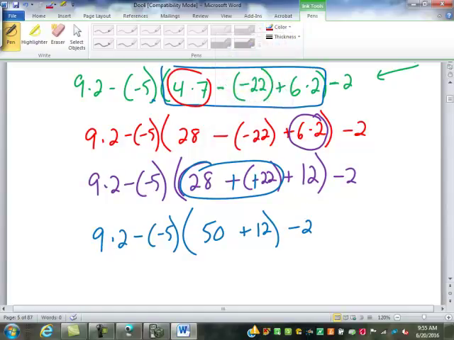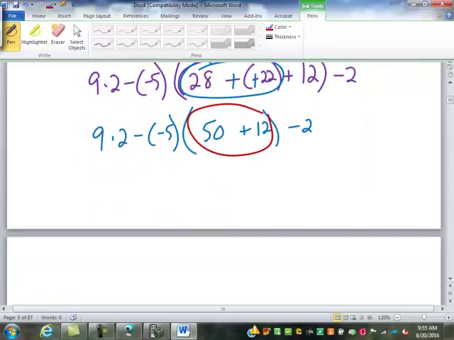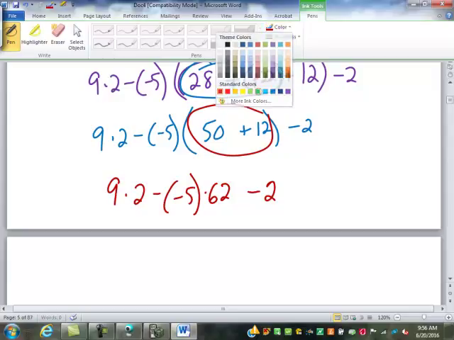So we replace that 28 minus negative 22 with 50. So we still have 50 plus 12, which is 62. Now it's down to a single number in that parentheses, so I'm going to get rid of the parentheses. And it is being multiplied by that negative 5 up front. Now what?